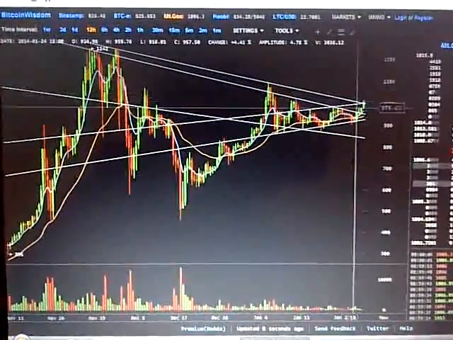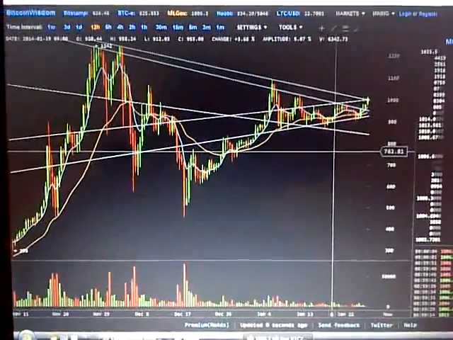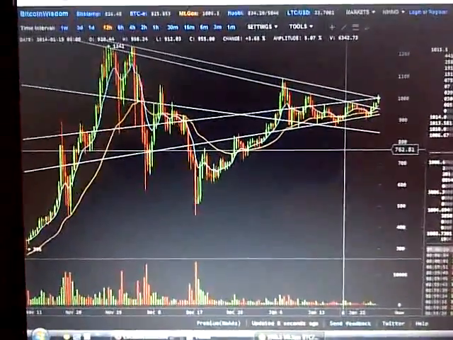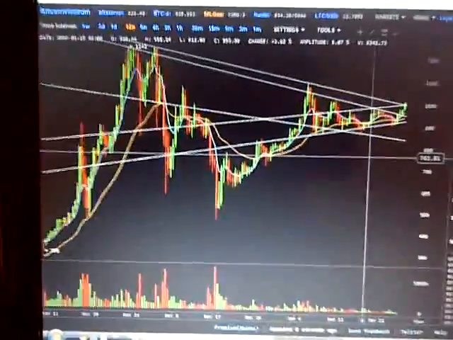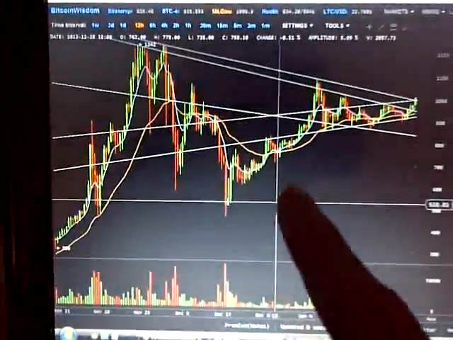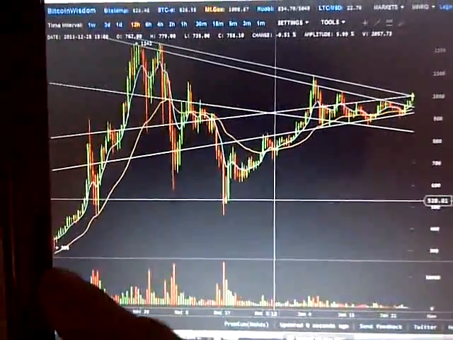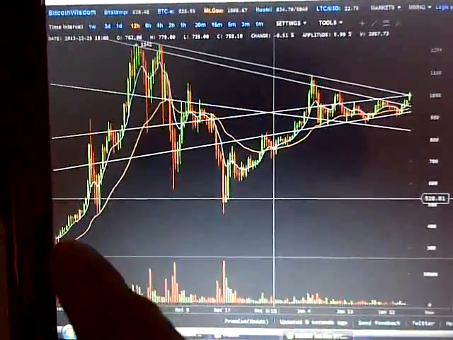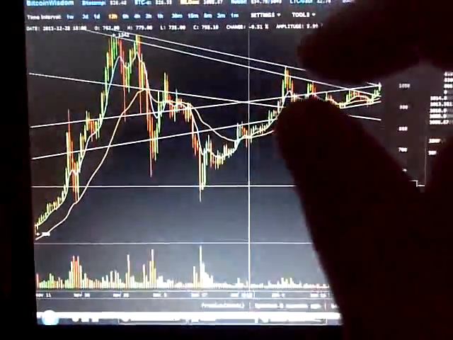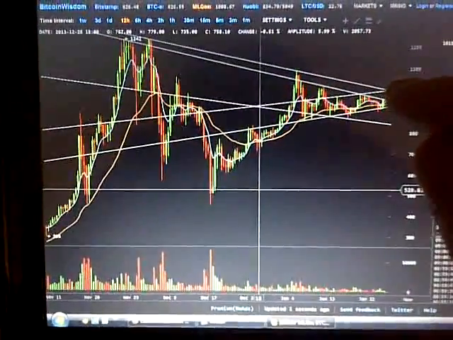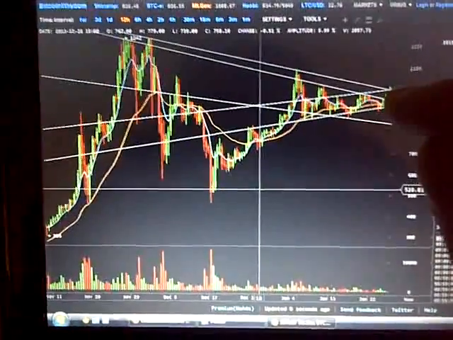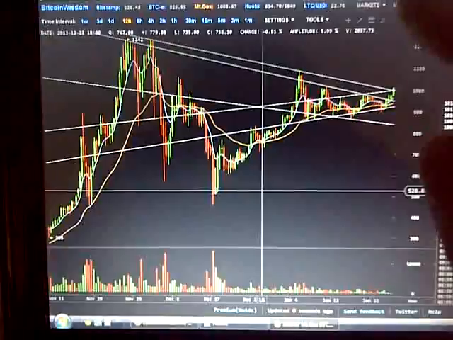There's also a type of strategy trading called breakout trading. A breakout is when the price is following a channel, and then it goes up at the top of the channel or the bottom of the channel and starts breaking out of it.